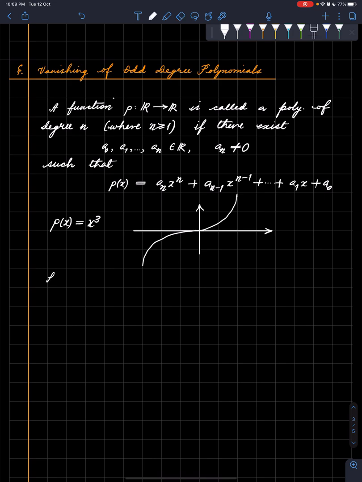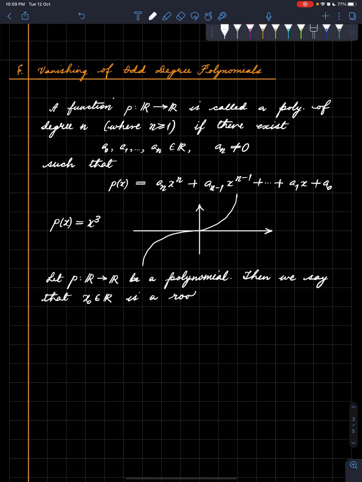Let p be a polynomial, then we say that a real number x0 is a root of p if p of x0 is 0.